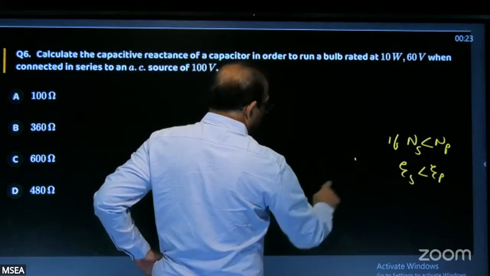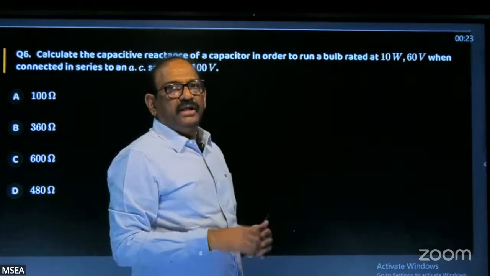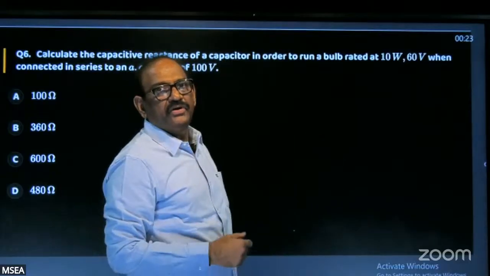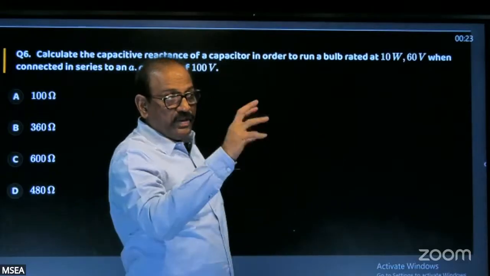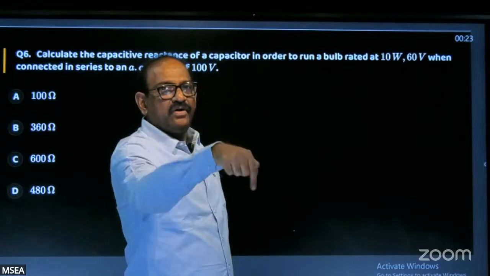A transformer is used to operate a bulb. Like that, if it is given that the bulb is connected in the secondary coil circuit, and the current in the bulb is 5 ampere, it means that 5 ampere is the current in the secondary coil.